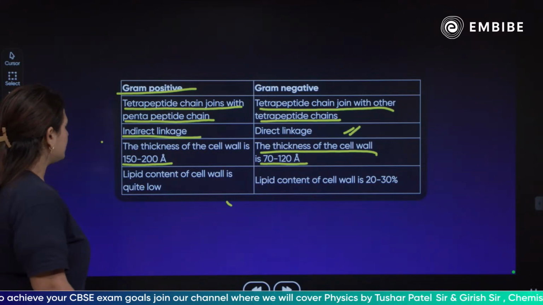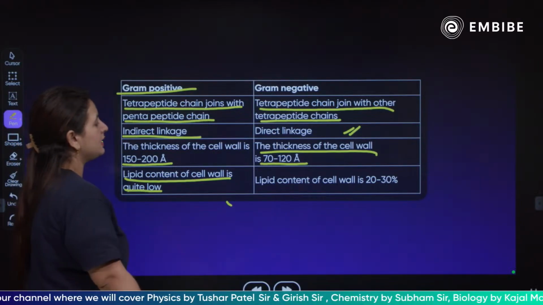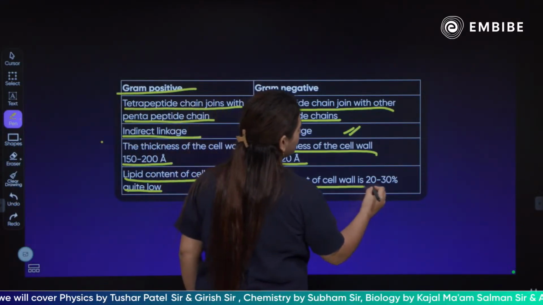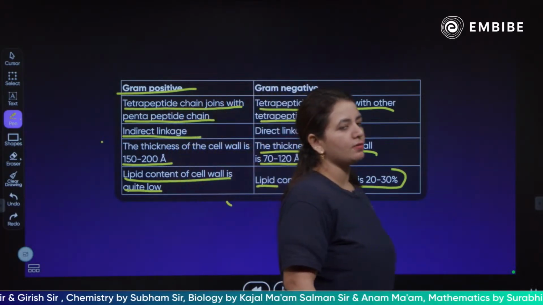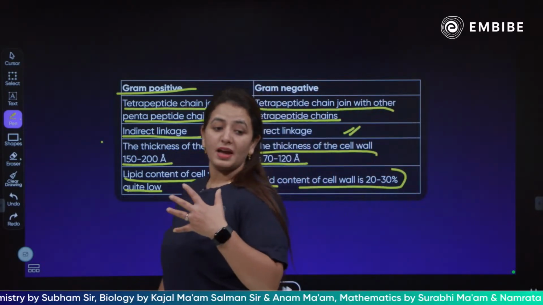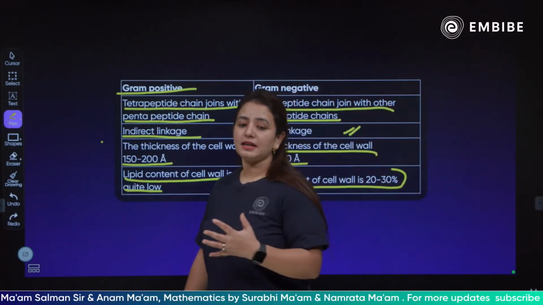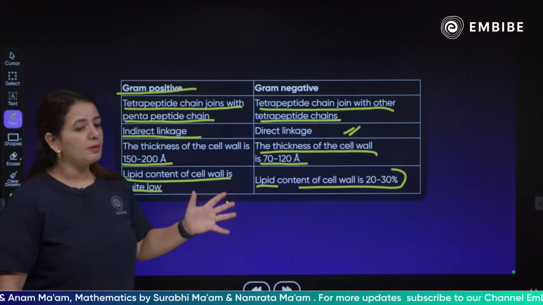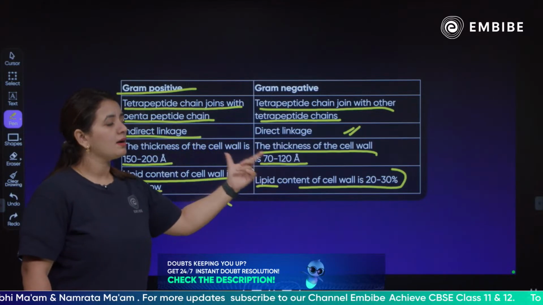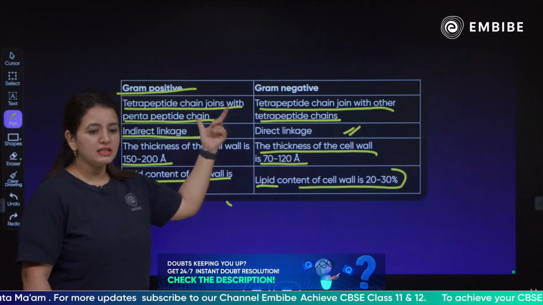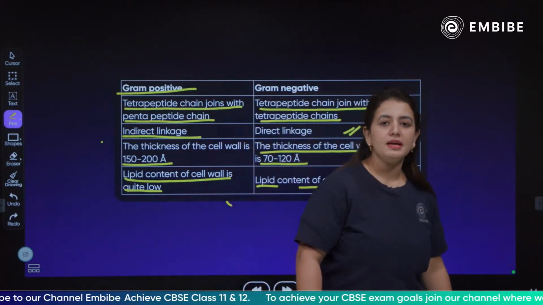Next, the lipid content in the gram positive cell wall is quite low, while the lipid content in the gram negative cell wall is 20 to 30%, a little bit high. So on the basis of their staining mechanism, they also have differences in the composition of the whole cell wall. These are also the basis of how their cell walls are completely different from each other.